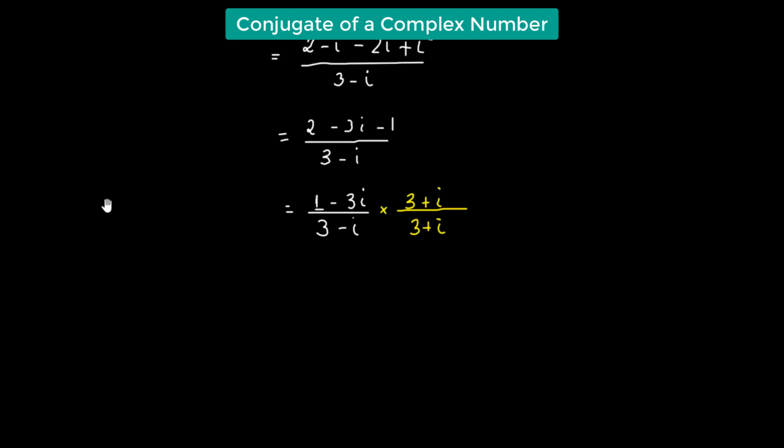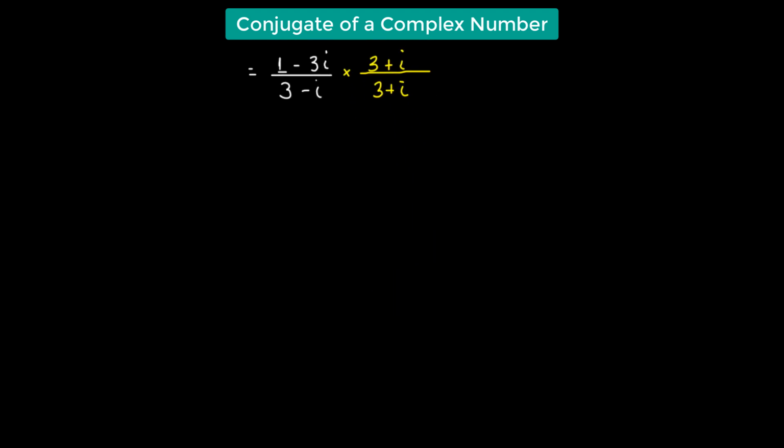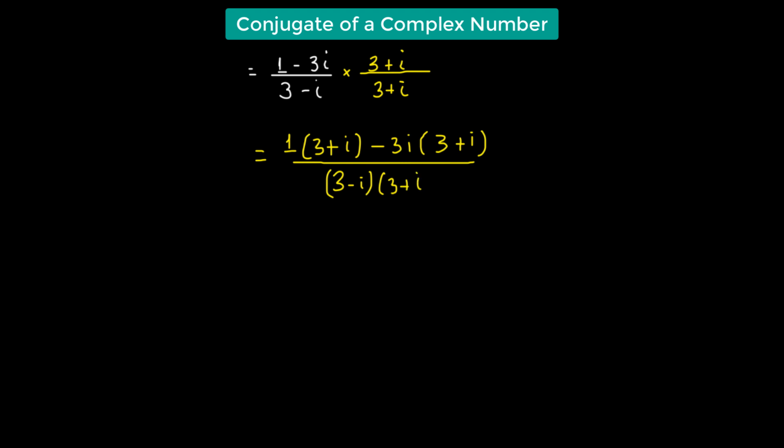and perform the multiplication in the numerator. That gives us 1 multiplied by 3 plus i, minus 3i multiplied by 3 plus i, divided by 3 minus i multiplied by 3 plus i.